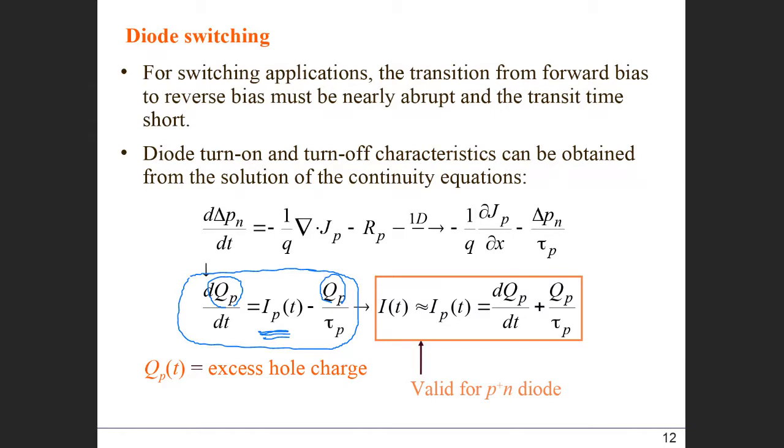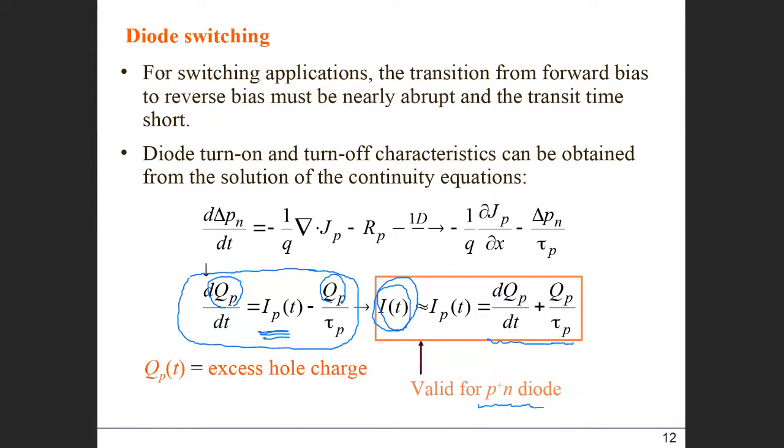And especially, as I mentioned, in the P plus N diode case, the hole current represents the total current. So we can approximate that the total current is related to the charge change in terms of this equation.